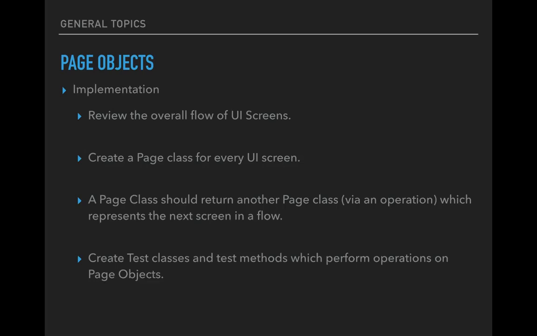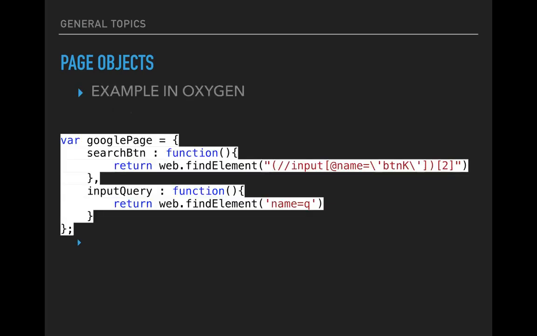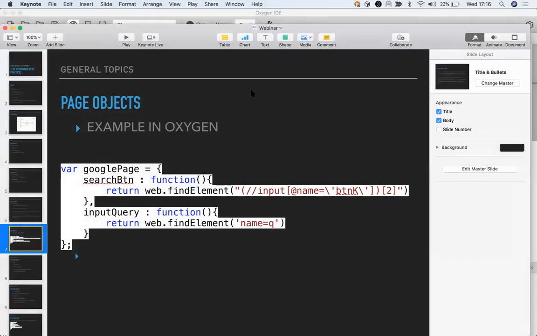And then when you have all of those pages and all of those different connections between the pages implemented, you can start implementing your test classes. Those are going to perform your operations on your page objects. So that's all very abstract. I'm also going to be showing you guys this in Oxygen.